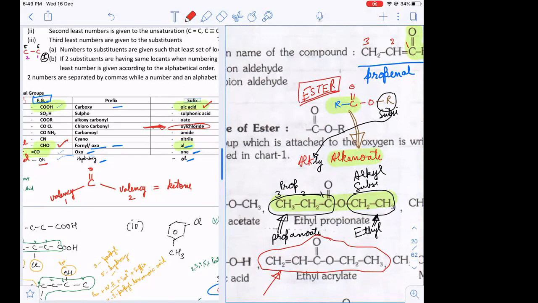So this is how you name the ester. I have written ester over the RCOOR. Propane. Okay. Ethyl propane.